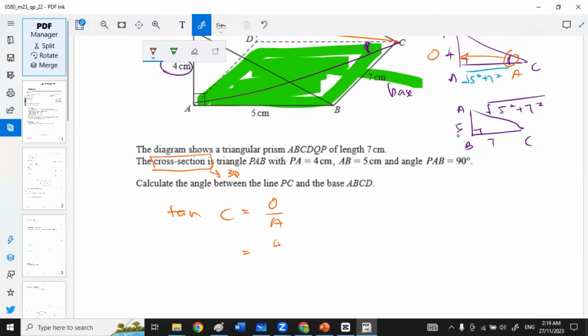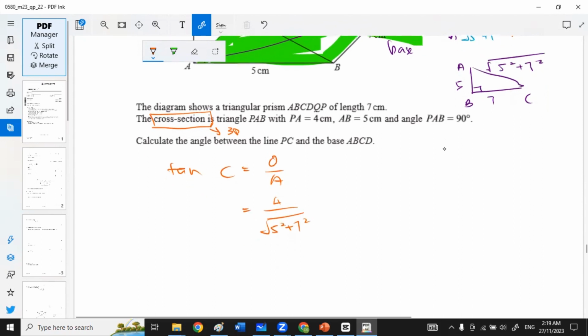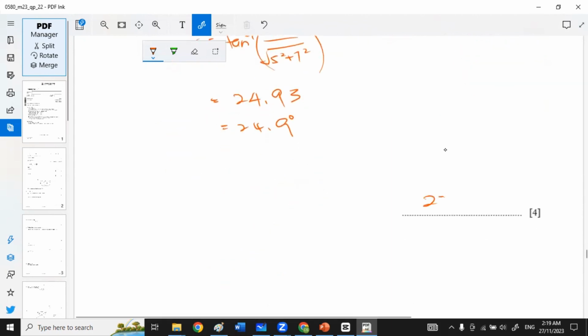So opposite is 4, adjacent is square root of 5 square plus 7 square. Since you want to calculate the angle, C is equal to shift tangent of this. Calculate, you get 24.93 or 24.9 to 1 decimal place for the angle.